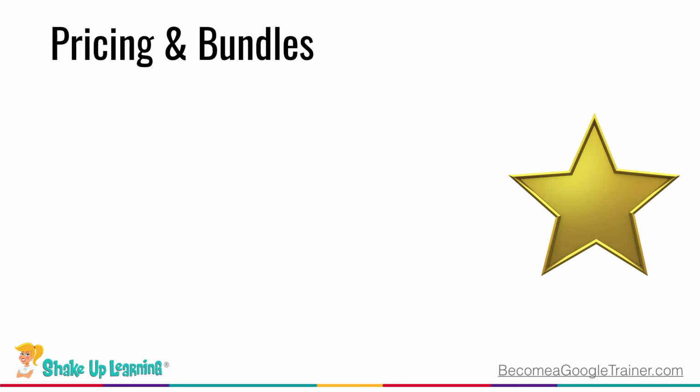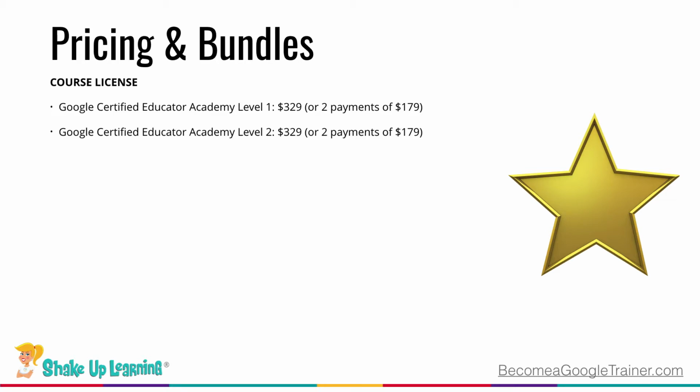So let's talk about the pricing. A regular course license, you can get each course for $329. So the Google Certified Educator Level 1, Level 2, and this trainer course are each individually $329, or you can make 2 payments of $179.